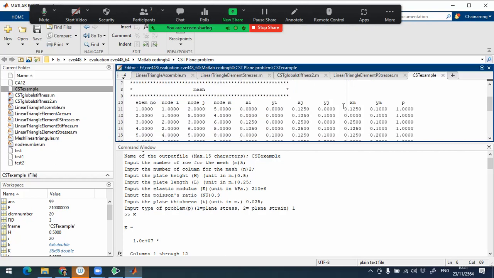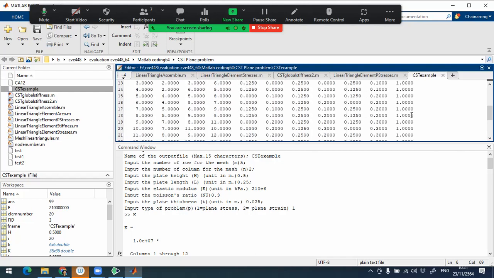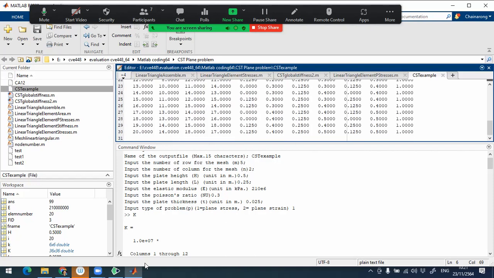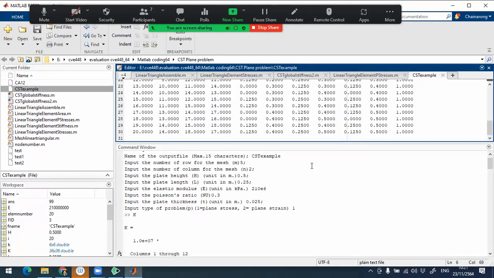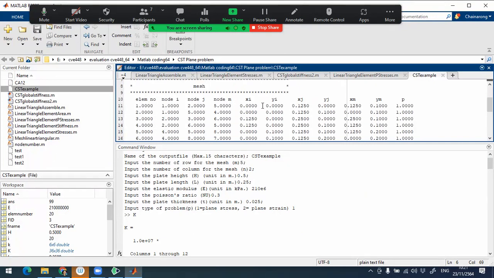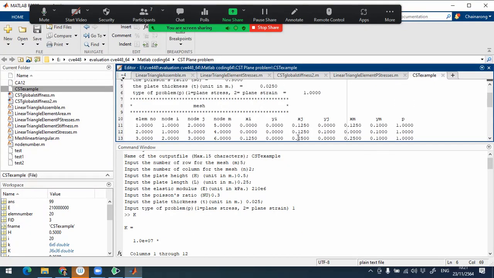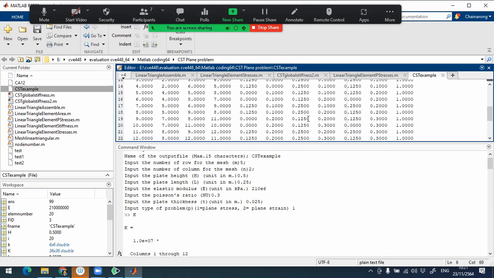It's just to check the mesh. It supplies the element number, node number, and the coordinates of each element, in the sequence that we already derived, in this pattern, right? So you may check the element and node numbers and the coordinates by this.